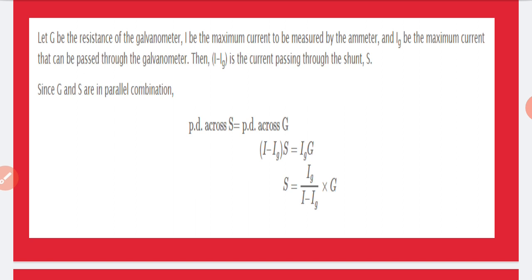Then I minus Ig is the current passing through the shunt S. Since G and S are in parallel combination, therefore PD across S equals PD across G. Potential difference is IR, so (I minus Ig) S equals Ig G. Then S equals Ig G by (I minus Ig). This is the formula by which we will obtain the value of shunt resistance.